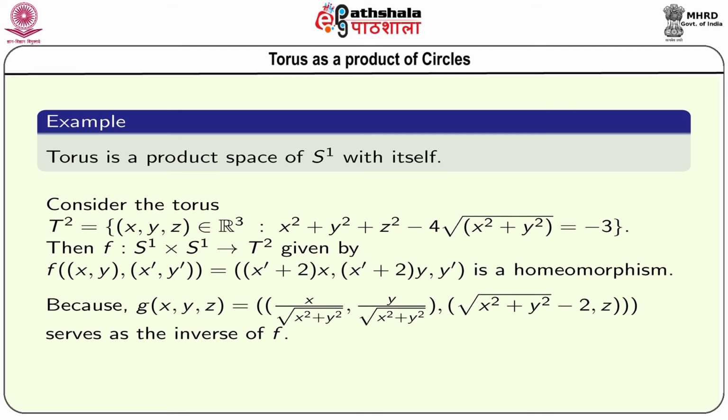Also, the nature of the function G says that G is also continuous. Hence, S1 cross S1 is homeomorphic to T2. So, we can view a torus as a product space of S1 with itself.